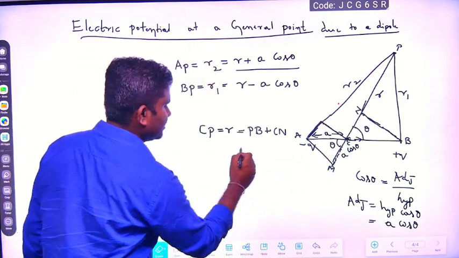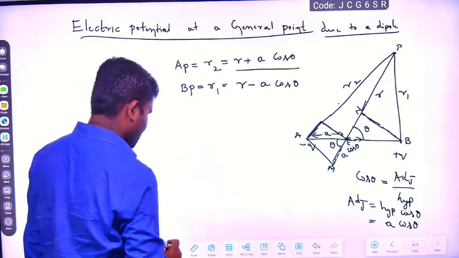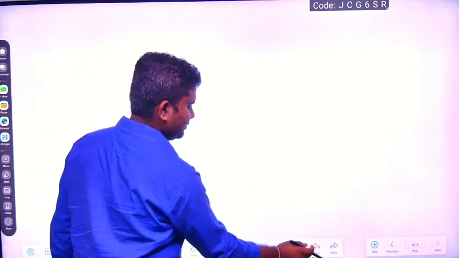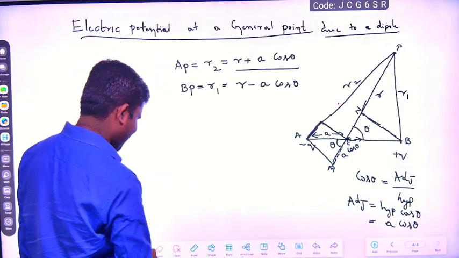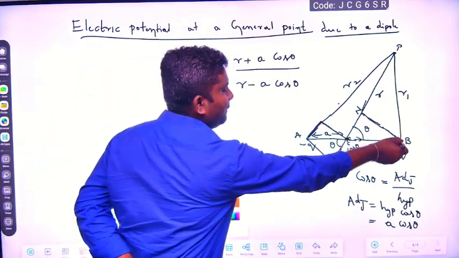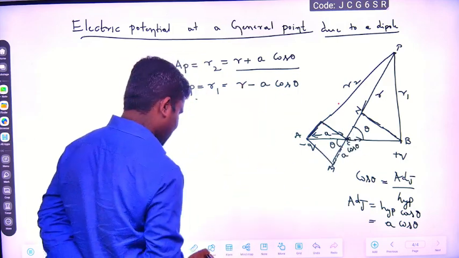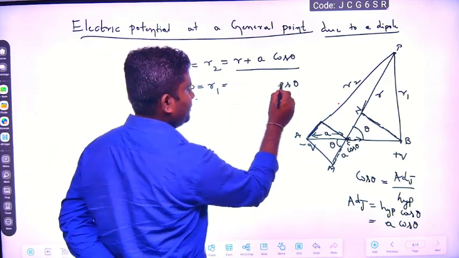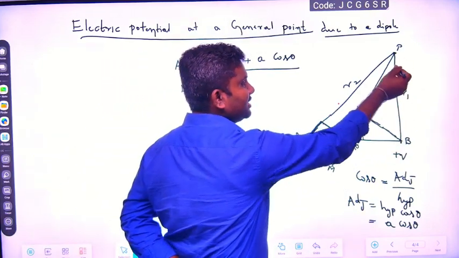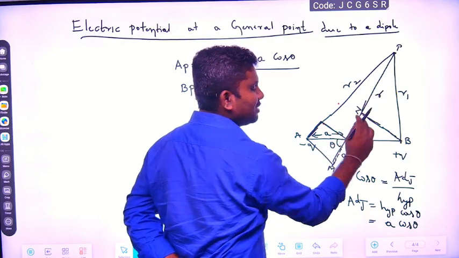Don't get confused. So what I am telling is BP. One minute. Write it. Don't feel bad. Okay. So what I am telling is this BP. BP is equals to R1, which is this plus this minus this. Total distance minus this distance.